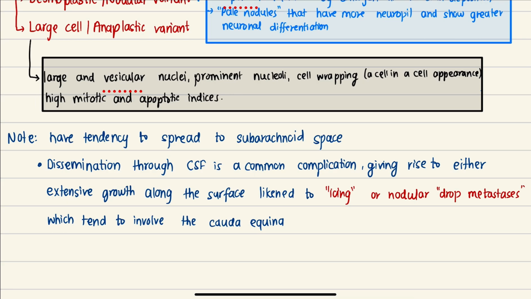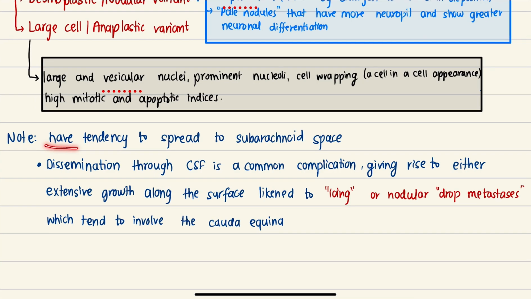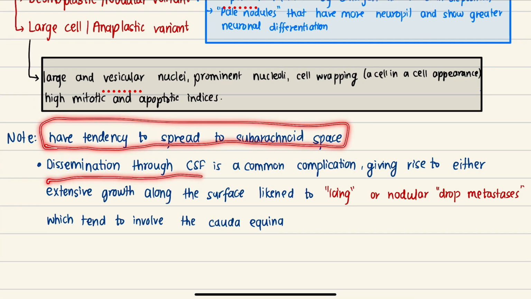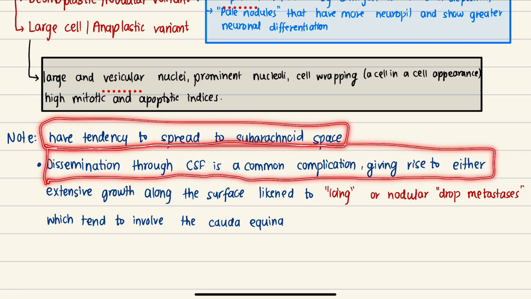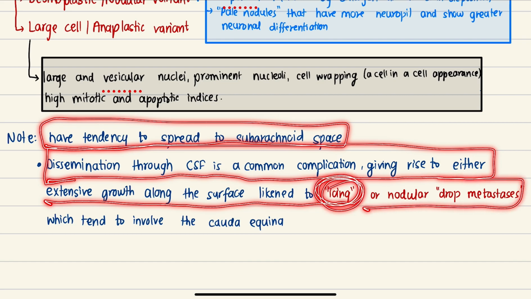But one thing you have to understand. So this is the end part. Remember, it has a tendency to spread to the subarachnoid space, and dissemination through CSF is a common complication, giving rise to either extensive growth along the surface, like icing, or nodular drop metastasis.